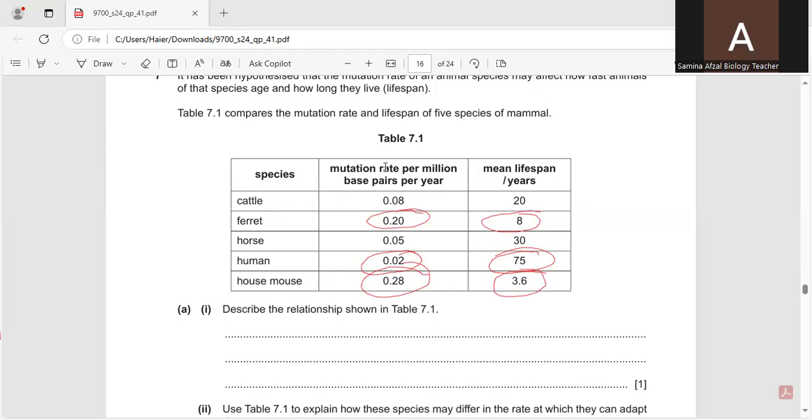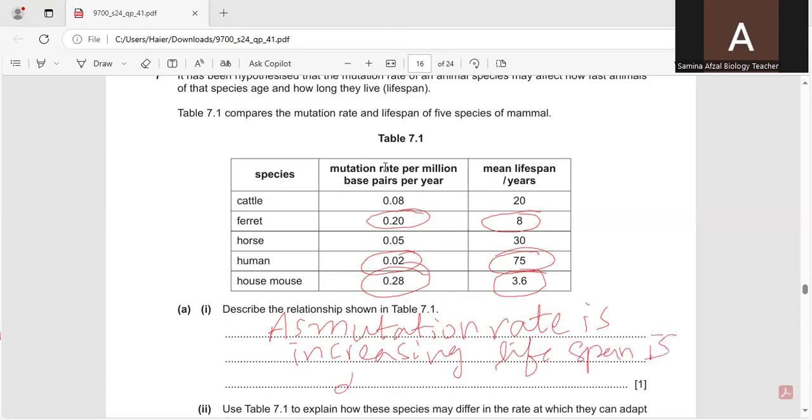So we can write the answer that as the mutation rate is increasing, lifespan is decreasing. So this is the normal relationship between lifespan and the mutation rate.